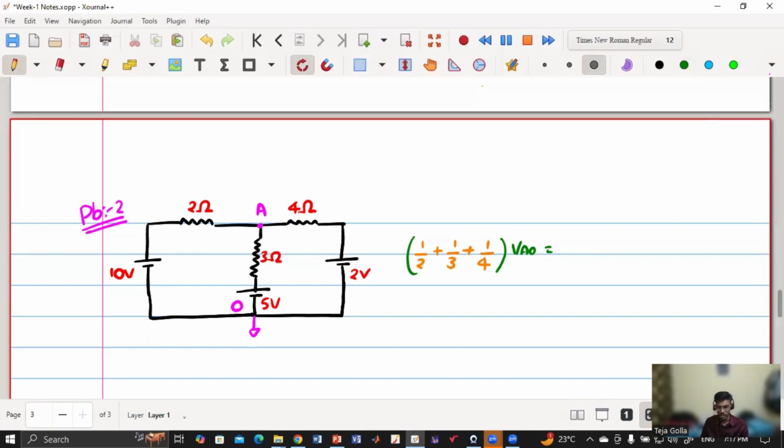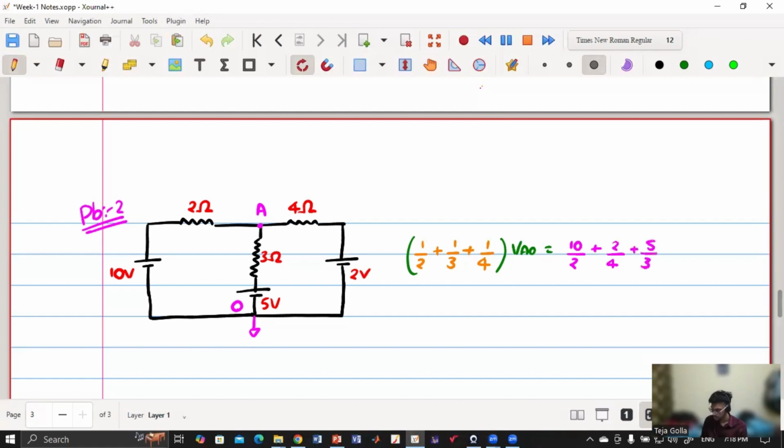Like individually tell the expression so that it will be clear for everyone. 10 by 2, 3 by 17. Shivam Kumar is saying 3 by 17. I'm not sure. Okay. 10 by 2 plus 5 by 3, 2 by 4 plus 5 by 3, right?